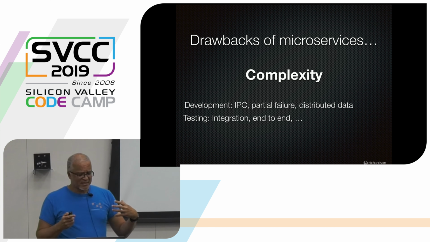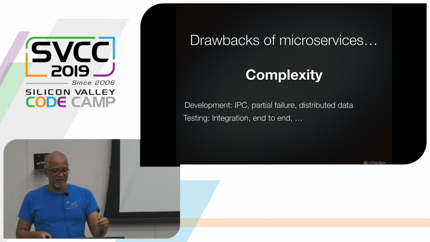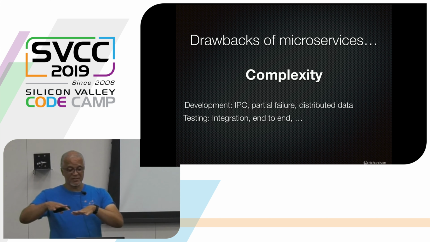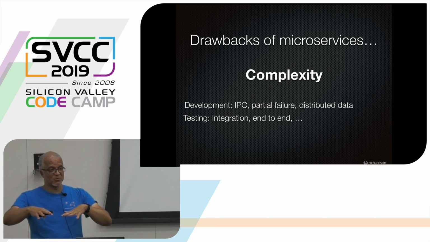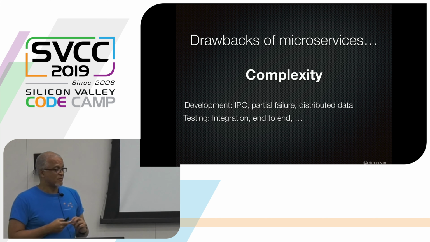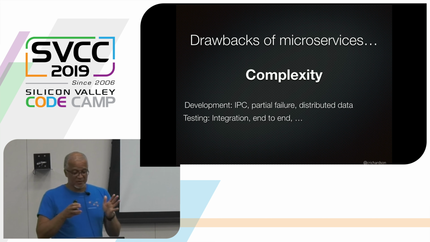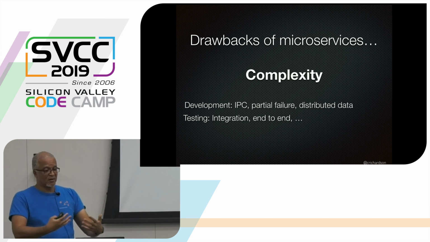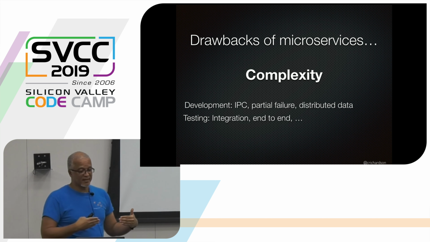Testing is simultaneously easier because each service is easier to test, but then there are challenges around testing the interaction between the services. You have to use what's known as consumer-driven contract testing in order to test each service independently while being confident that they actually can collaborate.